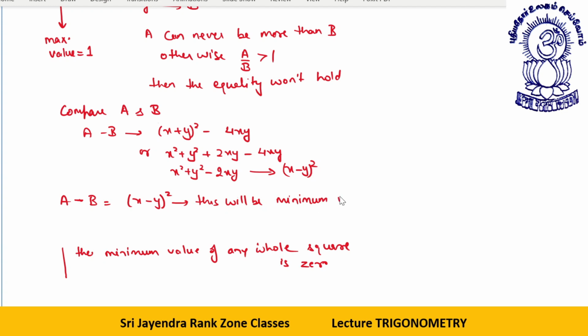This will be minimum if x minus y is equal to 0, or x is equal to y.